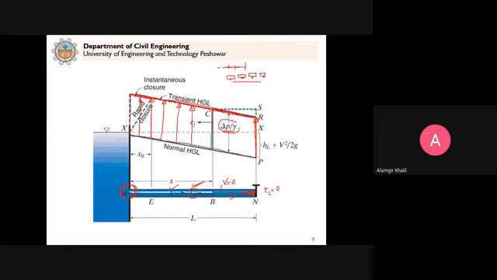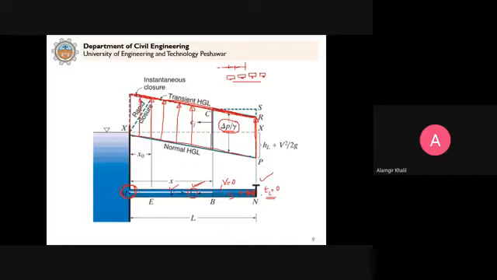And what is this increase in pressure? Delta P by gamma. Later on we will calculate what is delta P by gamma. Clear? How much increase in pressure will occur as a result of water hammer? This we can calculate. We will develop another equation for this. But at the moment, I just try to explain the physics of this water hammer, that as you suddenly close the valve, this is for instantaneous closure.